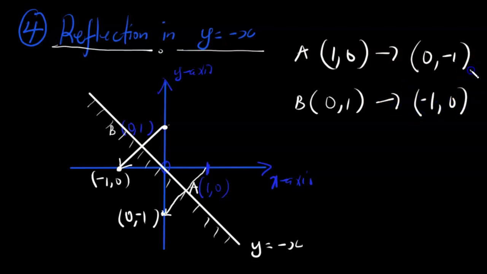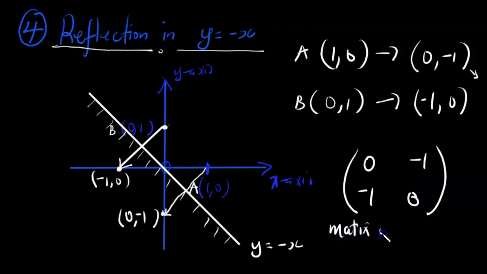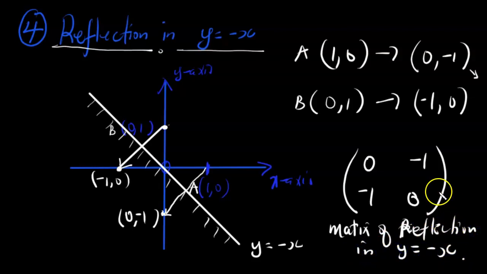And writing these images in vector form, you have 0, negative 1, and then negative 1, 0. This is the matrix of reflection in the line y equals negative x. That's how we find matrices of reflection.